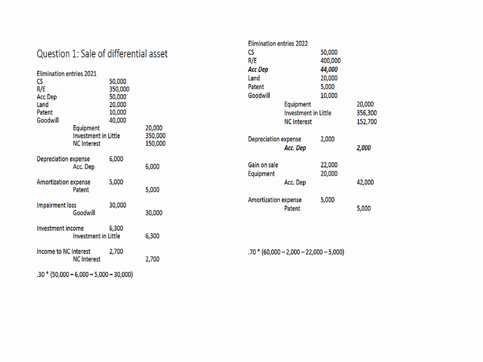So they have reported earnings of $60,000 minus $2,000 of depreciation expense minus $22,000 of that debit to the gain on sale, reducing the gain, minus $5,000 of amortization expense. So their investment income will be 70% of that, or $21,700. By the same token, for the non-controlling interest, they're going to get 30% of that amount, or $9,300.